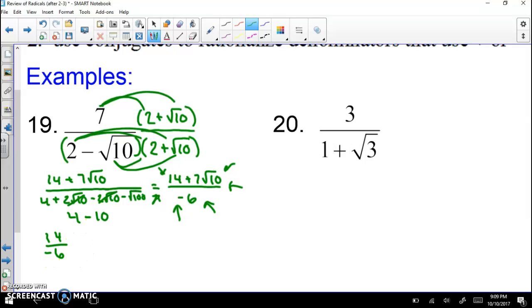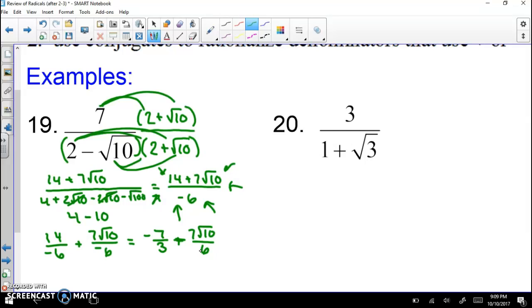So 14 over negative 6 plus 7 square root of 10 over negative 6. 14 over negative 6 would simplify to negative 7 over 3 plus, unfortunately, our second one, we can actually make that a minus, 7 square root of 10 over 6.